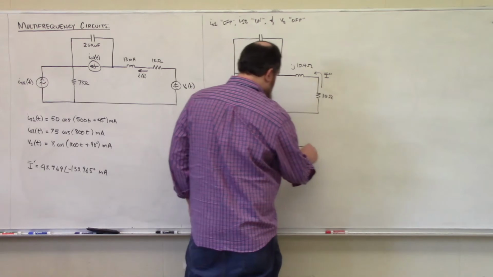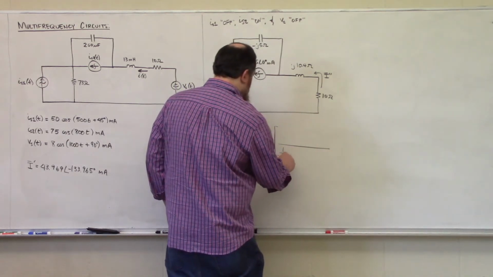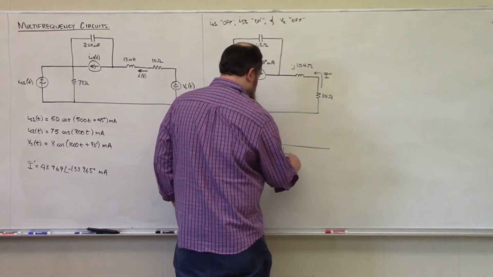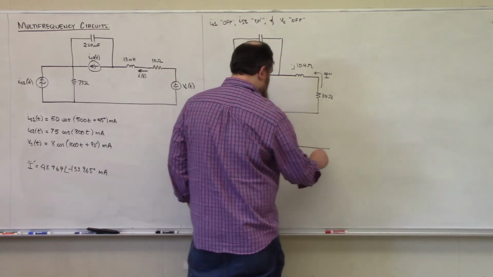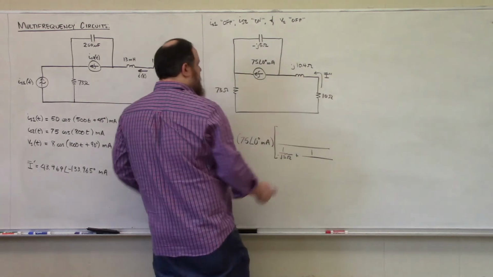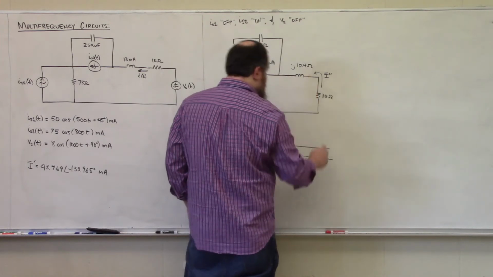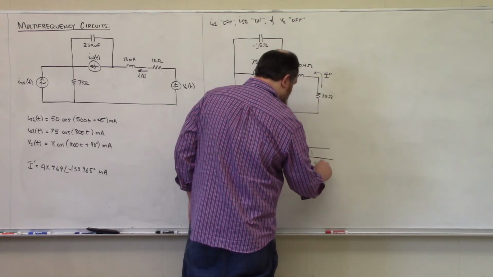Let's see. 1 over minus J5 ohms plus 1 over 10 plus 73, which looks like 83, plus J10.4.